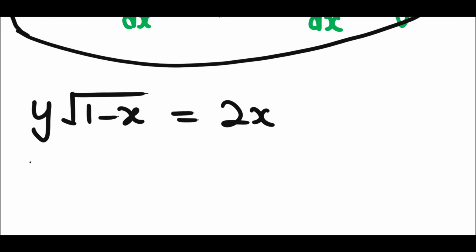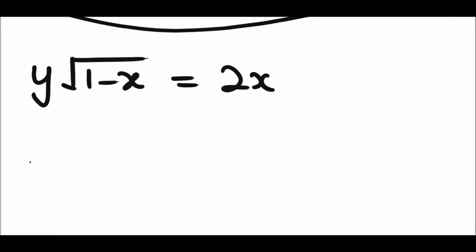So we need to differentiate the equation. Consider the first step as a product of y and the square root of 1 minus x. We take one of them to be our u, and we are going to apply the product rule, so the whole of this becomes our v.